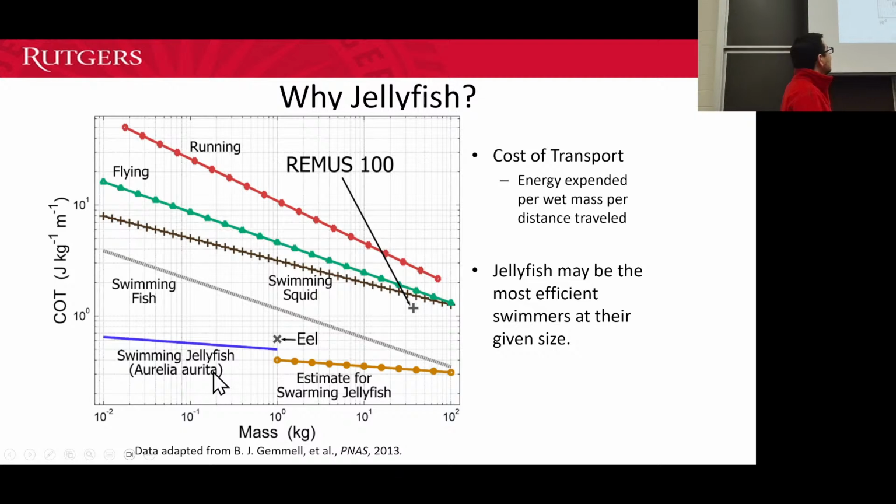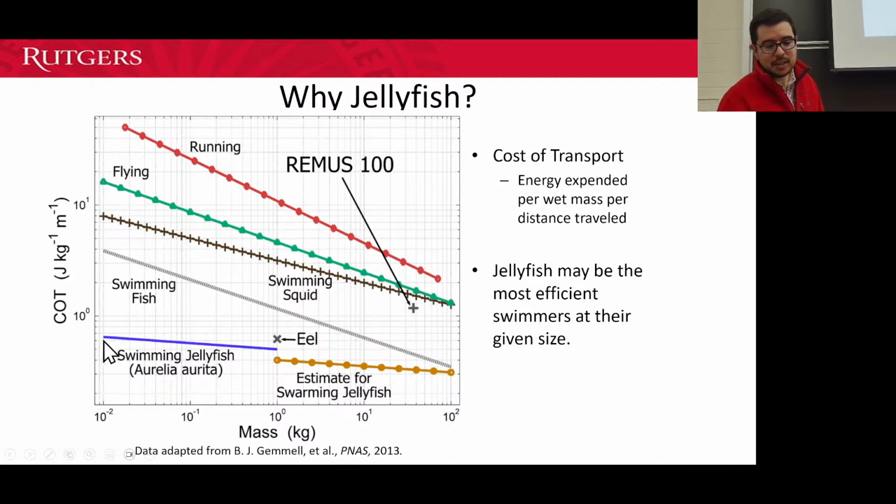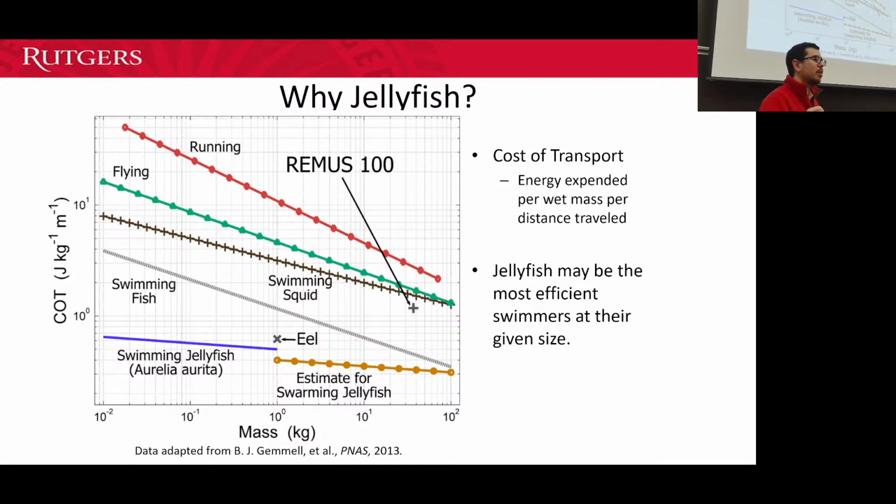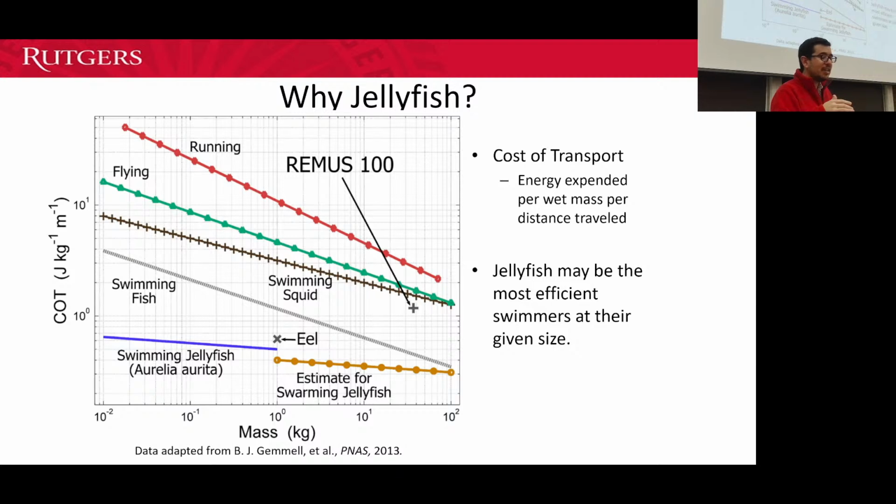And what they found is that for small organisms, the cost of transport is very low. It's something like 0.7 to 0.8 joules per kilogram per meter. So just remember that number, or 1 joule per kilogram per meter, but less than that actually.